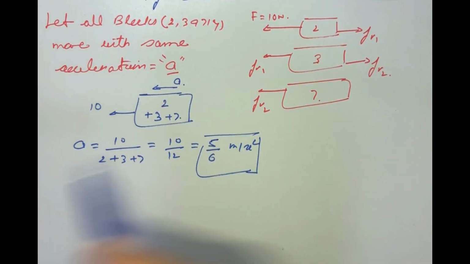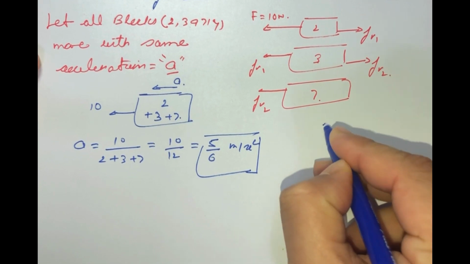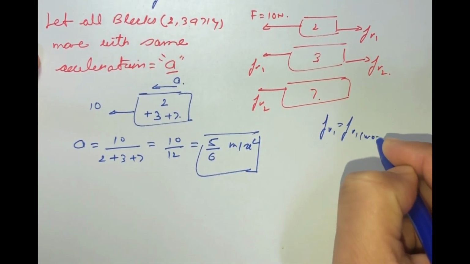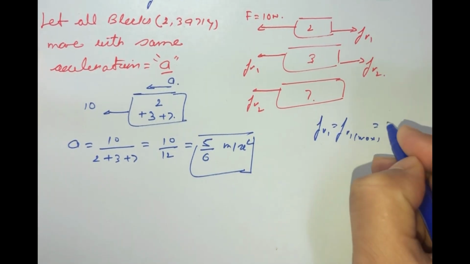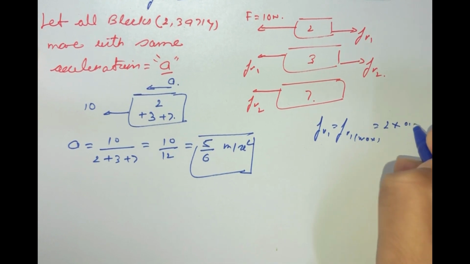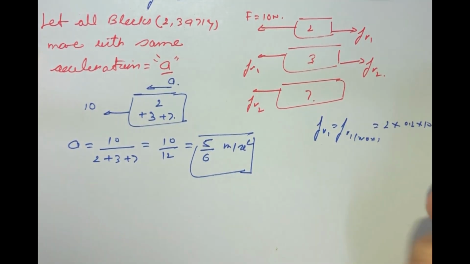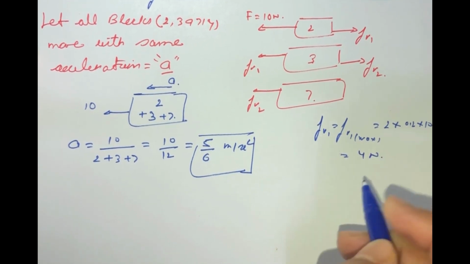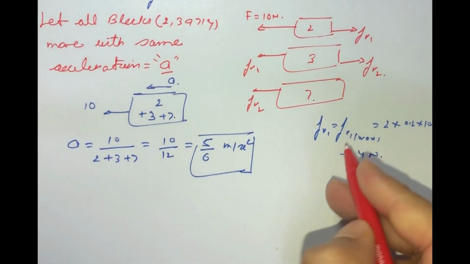And let us here find out what our Fr1, or we can call it Fr1 max limiting, will be. That will be equal to 2, and the coefficient is given as 0.2, g is 10, so we get this as equal to 4 Newton. And let us find out our Fr2.